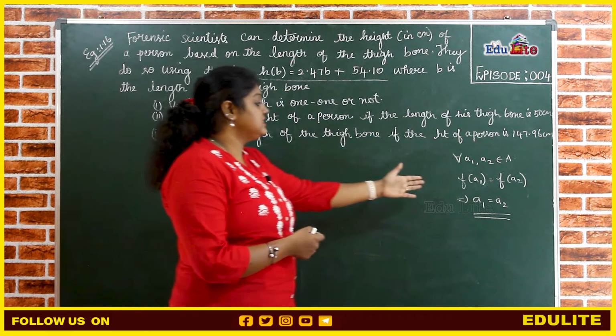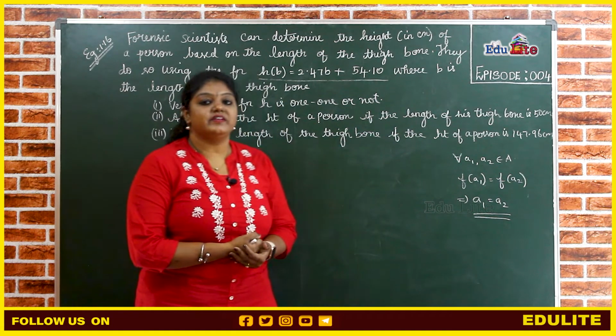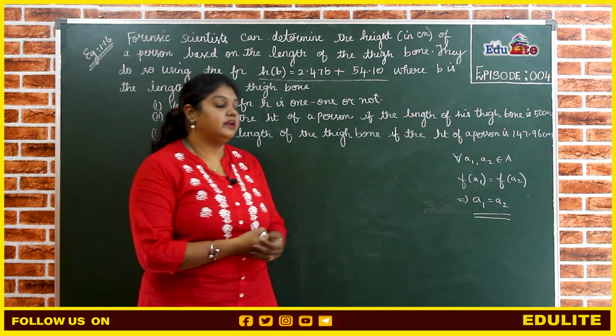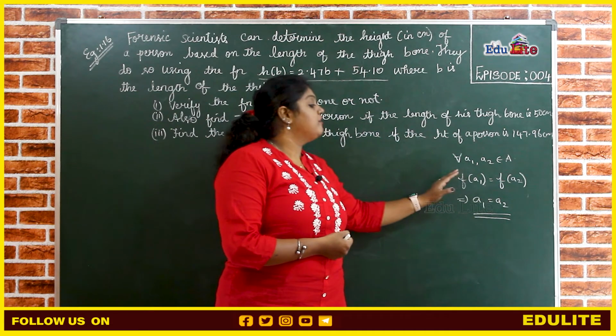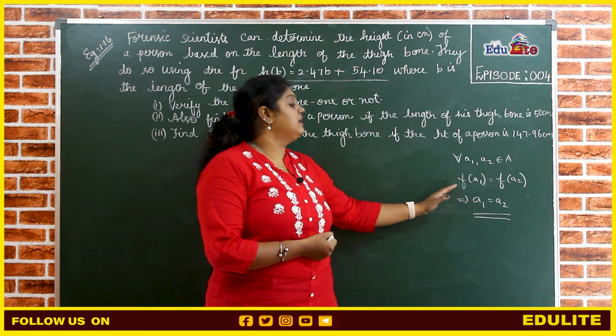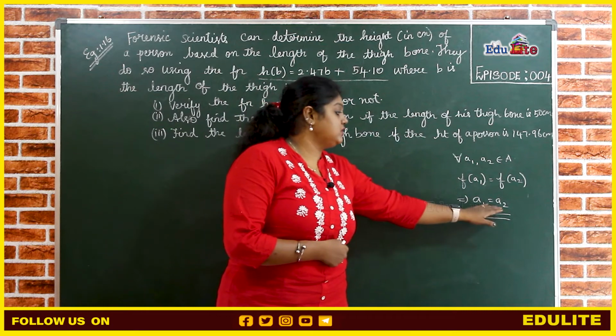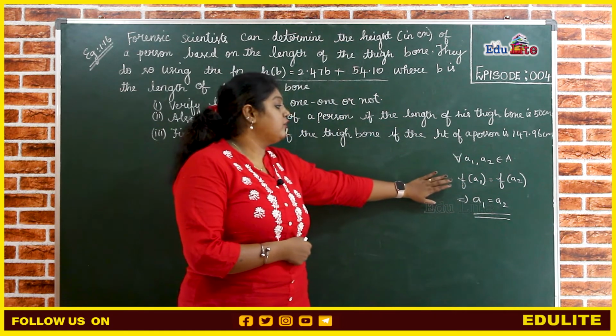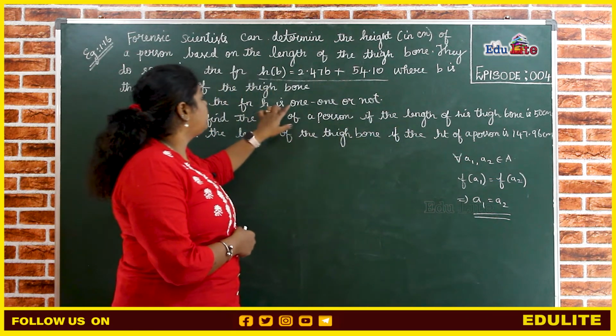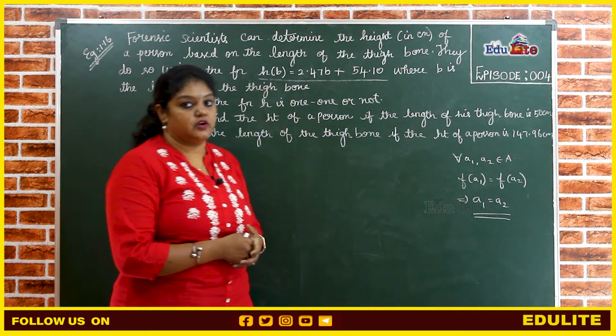We can use this definition to find whether the given function is one-to-one or not, which means we take f of a1 equal to f of a2. From this, if we can bring the value as a1 equals a2, then we call f a one-to-one function. We are going to use this method to find whether h is a one-to-one function or not.